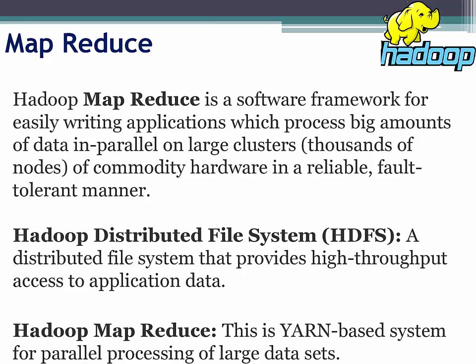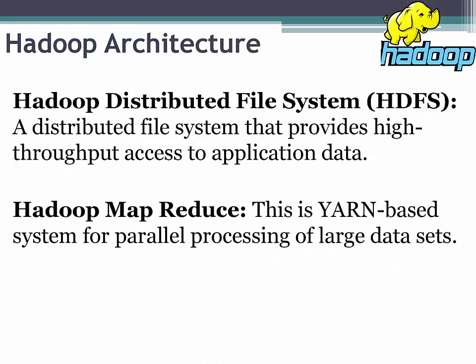The master is responsible for resource management, tracking resource consumption, availability and scheduling the job's component tasks on the slaves, monitoring them and re-executing the failed tasks. The slave's task trackers execute the tasks as directed by the master and provide task status information to the master periodically. The job tracker is a single point of failure for the Hadoop MapReduce service, which means if the job tracker goes down, all running jobs are halted.